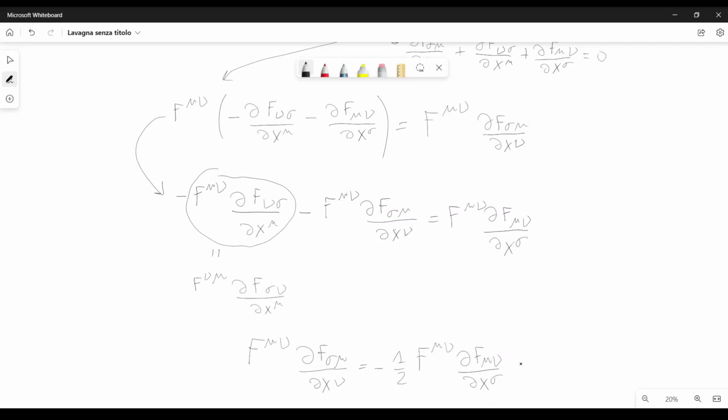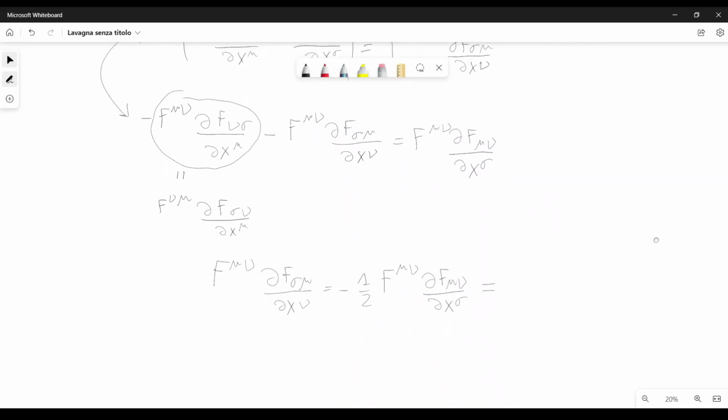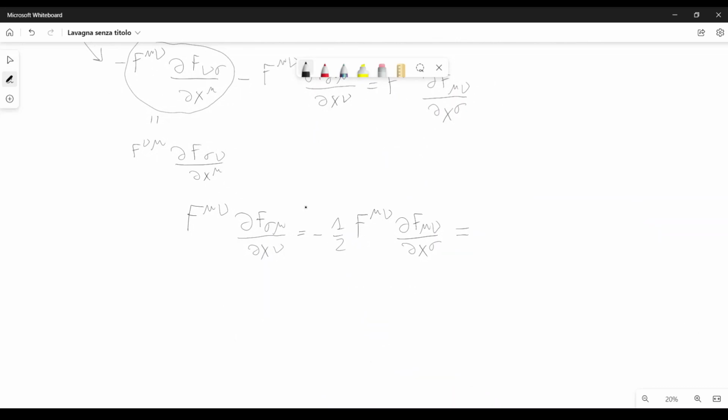And now I'm going to rewrite it from here. This is also equal to minus 1/2 g mu alpha g nu beta times f alpha beta times the derivative of f mu nu with respect to x sigma. And this can be rewritten like this for reasons of symmetry.